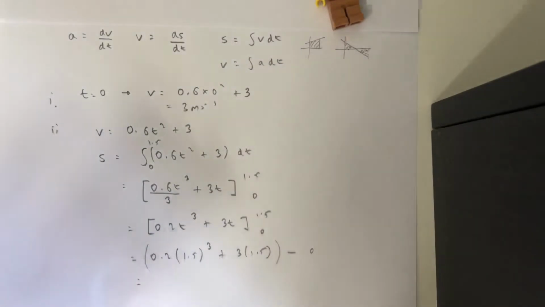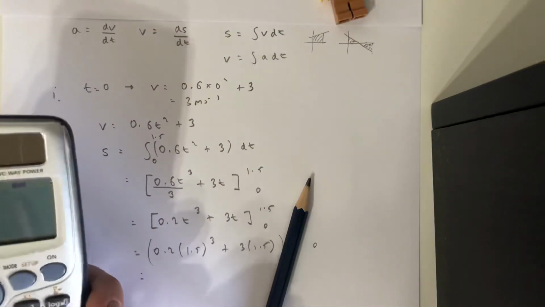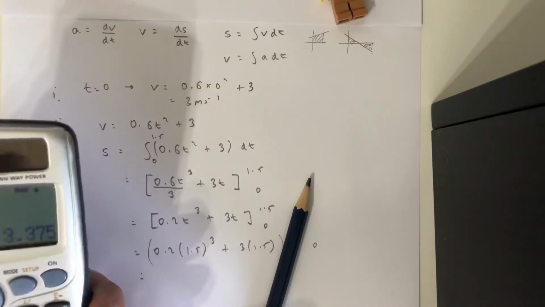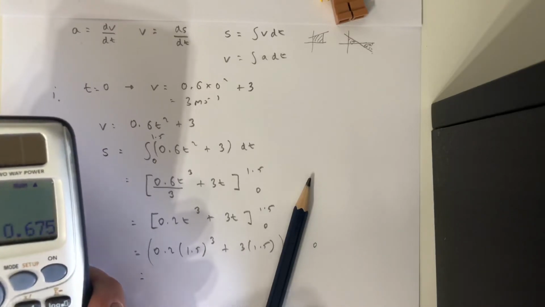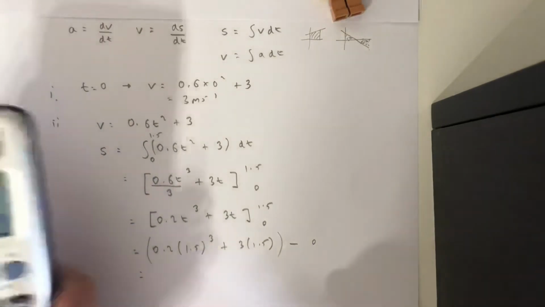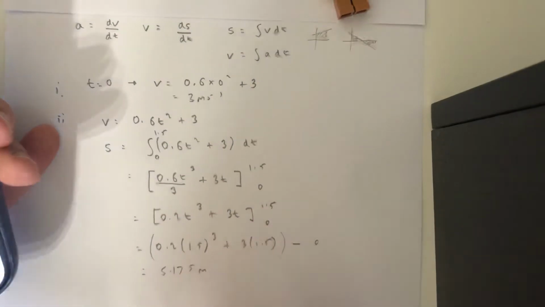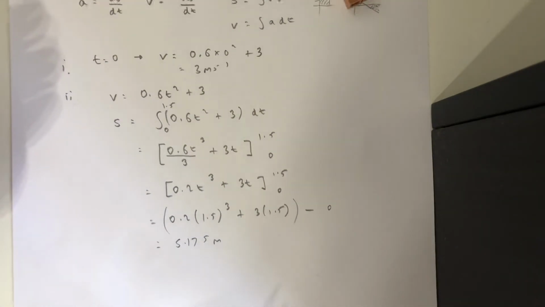Nice and straightforward. So I get my calculator out here. 1.5 cubed, times 0.2, and then I'm going to add 4.5 on, gives me 5.175. So 5.175, and that will be in metres because it's a displacement or distance.